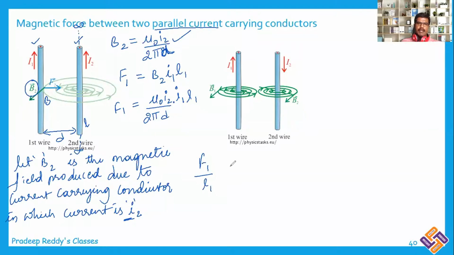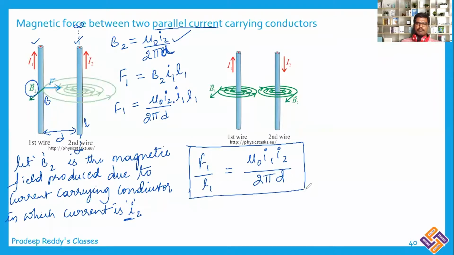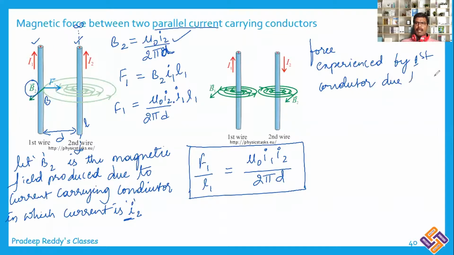F1 divided by L1 is equal to mu naught I1 I2 divided by 2 pi into D. This is the force experienced by the first conductor due to the magnetic field B2 produced by the second conductor, right?